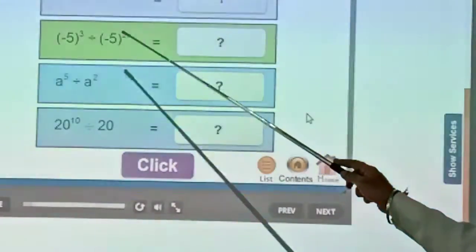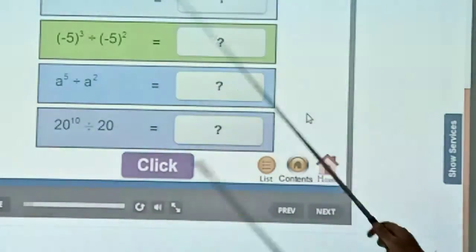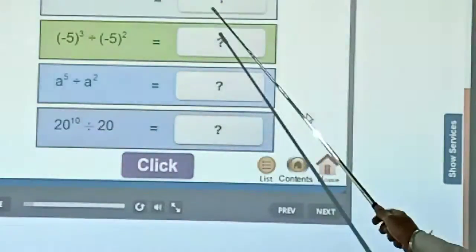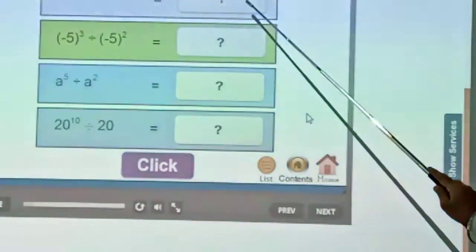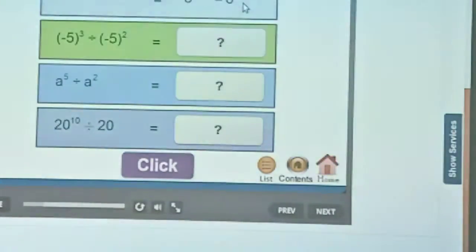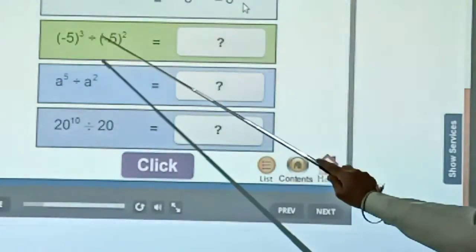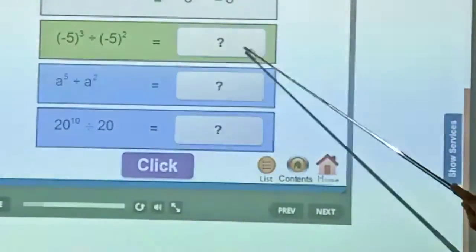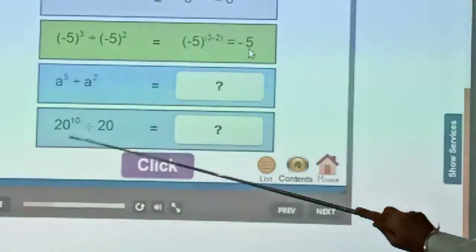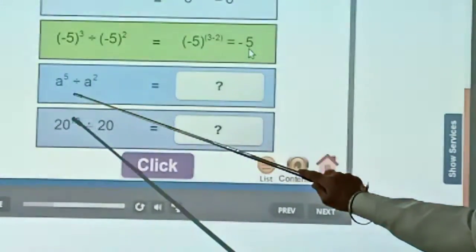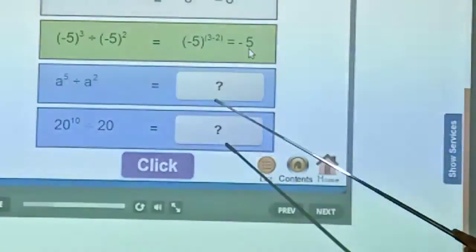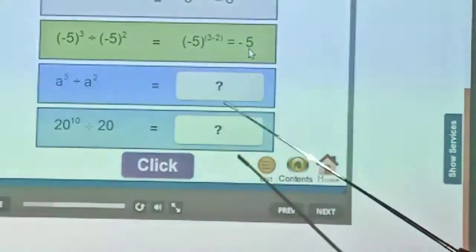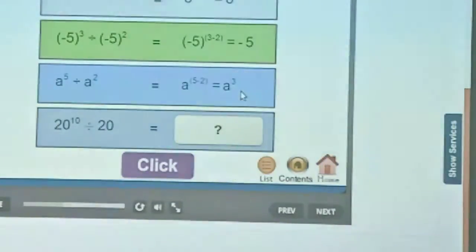6 raised to the power 4 divided by 6 raised to the power 2, powers get subtracted. 6 raised to the power 4 minus 2 means 6 raised to the power 2. Minus 5 raised to the power 3 minus 2, minus 5 raised to the power 1. a raised to the power 5 divided by a raised to the power 2 means a raised to the power 3 minus 2, means a raised to the power 1.